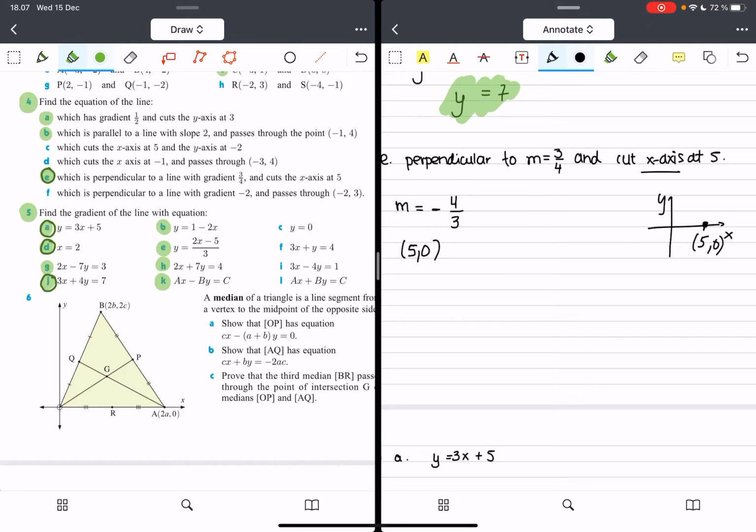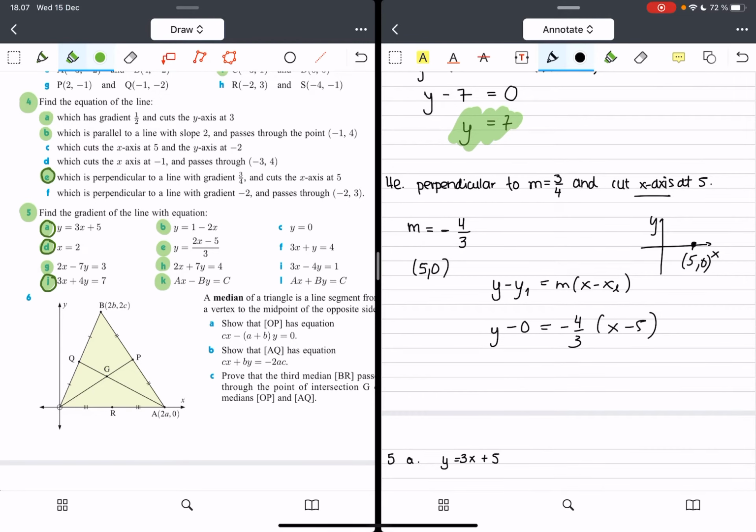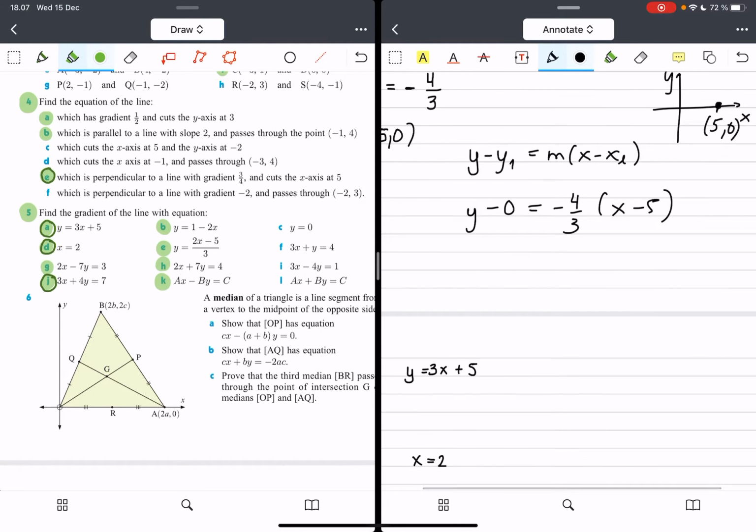Again, now it's easy. You write y minus y1 equals m times x minus x1, and you substitute whatever you have here. Negative 4/3 times x minus 5. And when it is not asking you specifically to give it in the general form or the gradient intercept form, you can give it in whatever form you want, really.